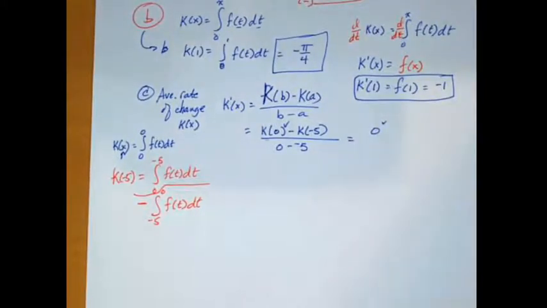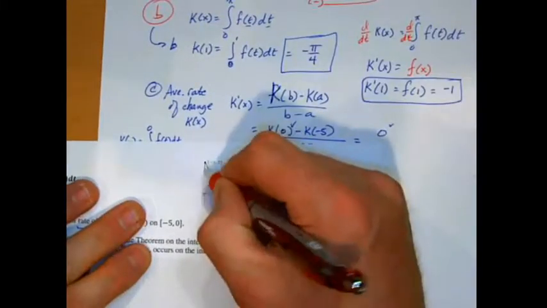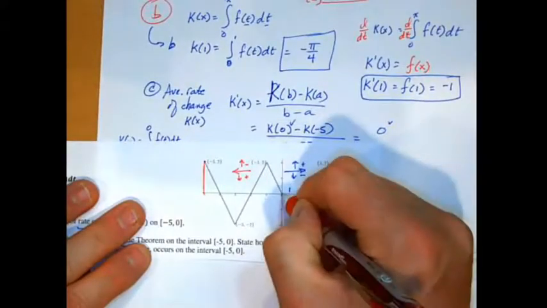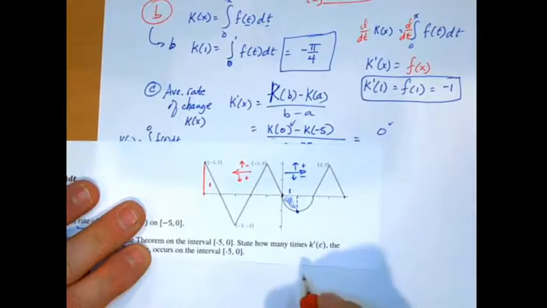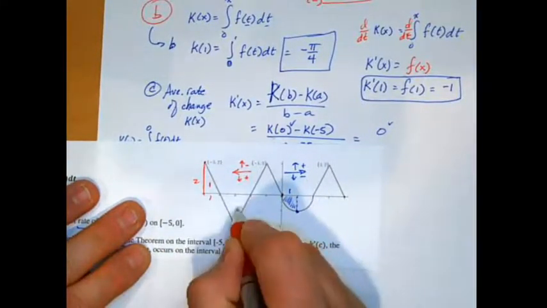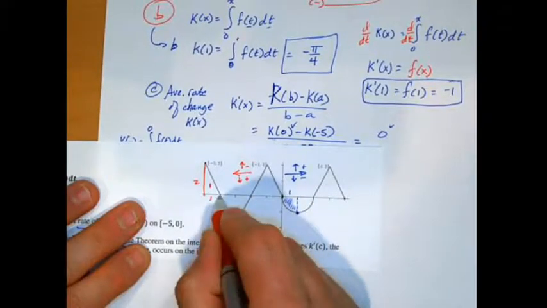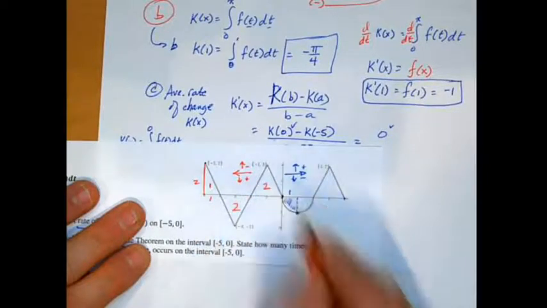So what is the area between -5 and 0? Here's -5. Here is 0. So this is 1. That's an area of 1. This is a 1 by 2 triangle. There's your 1. This is a height of 2, so this is 2, and this is 2.